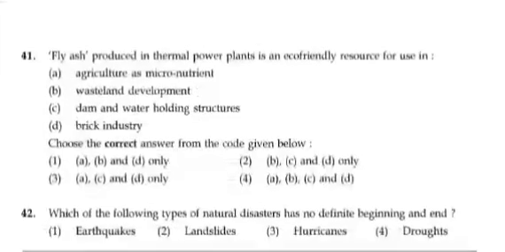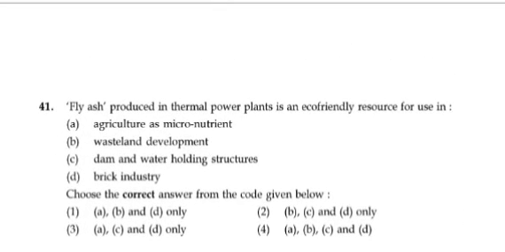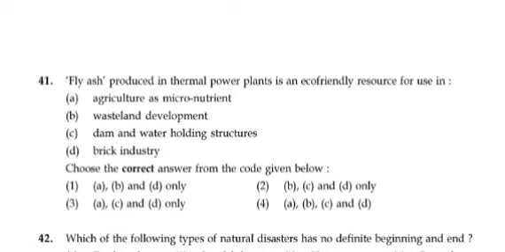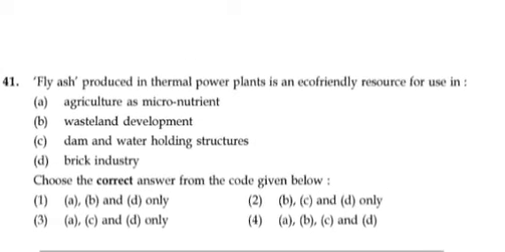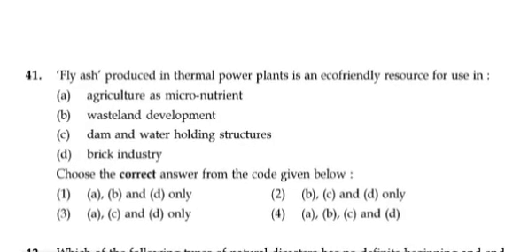Then 41, fly ash produced in thermal power plants is an eco-friendly resource for use in what? A, agriculture as micronutrient; B, wasteland development; C, dam and water holding structures; D, brick industry.